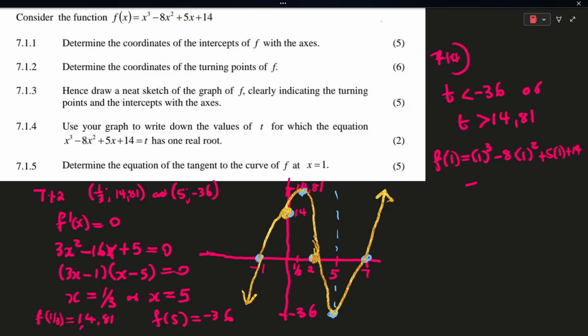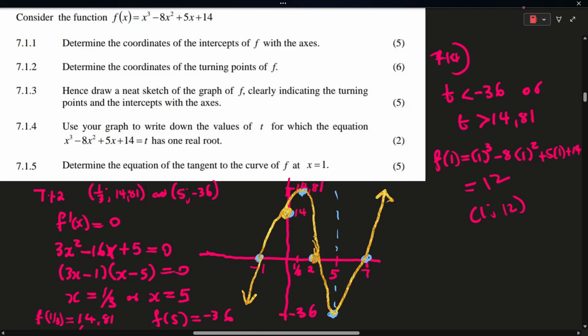That is what you do. And then let's press our calculator. What is the answer? Remember that this question, when you press your calculator, is going to give you 12. So the coordinate is (1; 12).